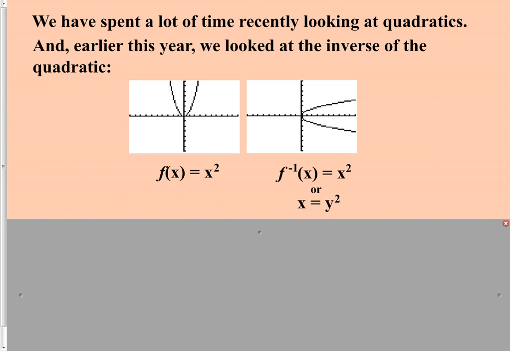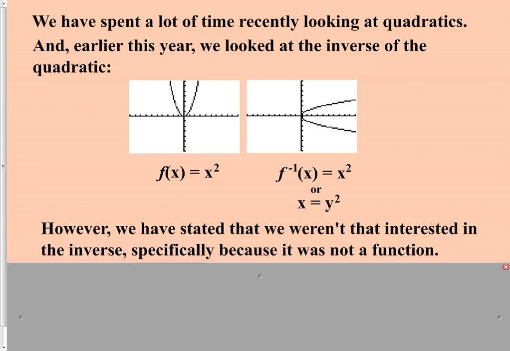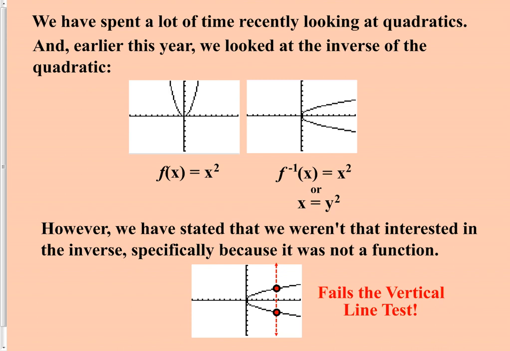But another thing that we also said is we spent the majority of our time looking at the vertical parabola, the y equals x squared. We've moved them all around, we've turned them upside down, but we spent very little time actually looking at the horizontal parabola. The reason we said that was the case was because we were not interested in graphs that were not functions.